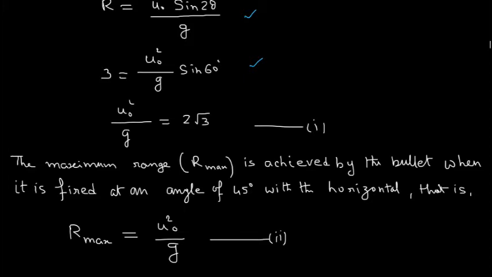The maximum range R max is achieved by the bullet when it is fired at an angle of 45 degree with the horizontal, that is R max is equal to u naught square upon g.